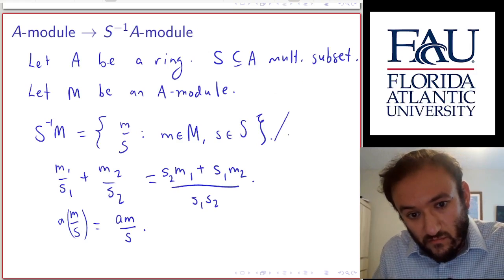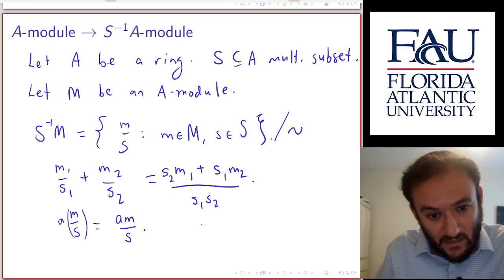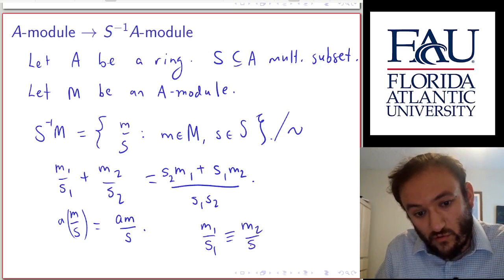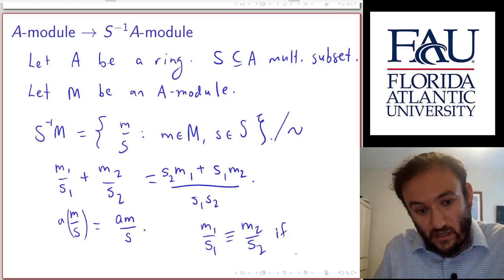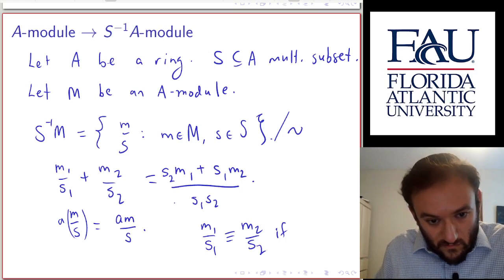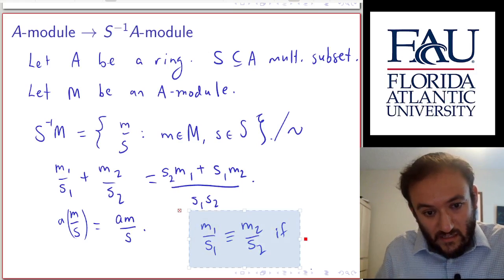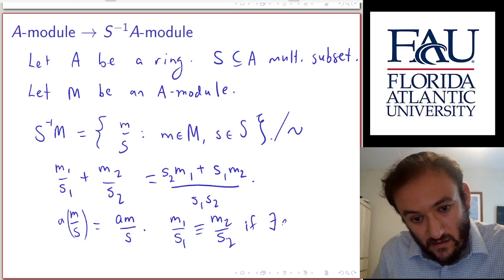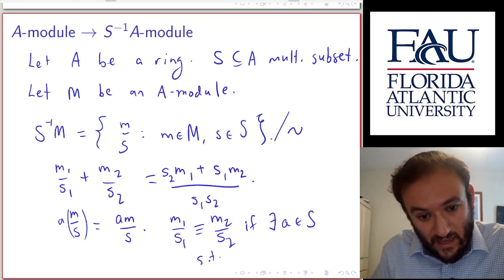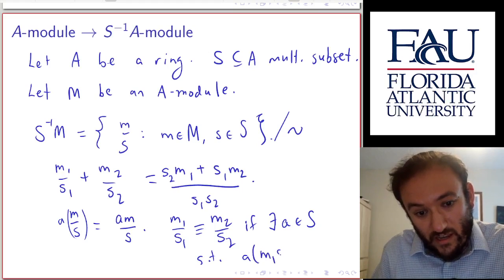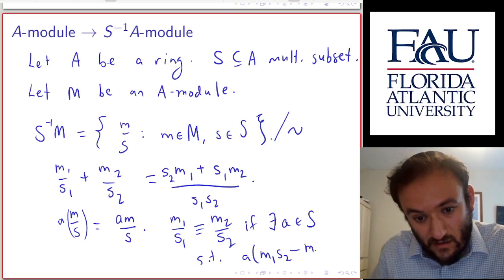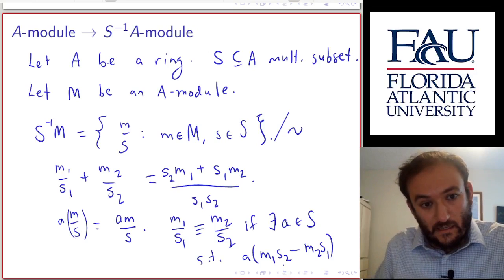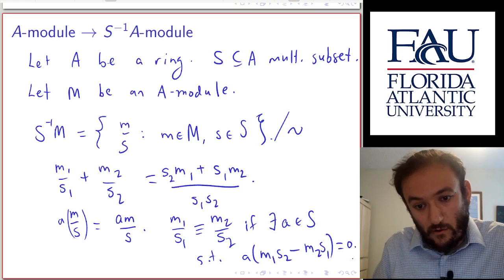Here you also have to be cautious about the equivalence relation: M1 over S1 is equivalent to M2 over S2 if we use the same condition as we did for general rings, if there exists A in S such that A times (M1 S2 minus M2 S1) is equal to 0.